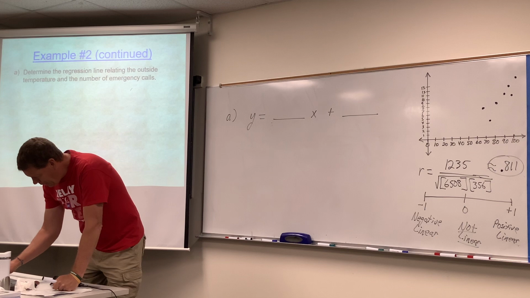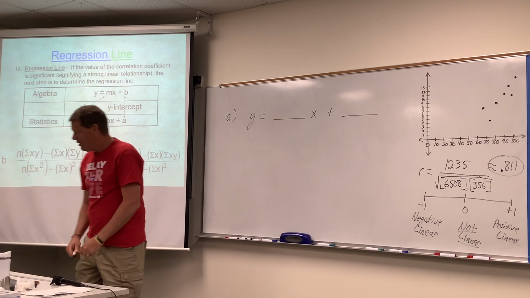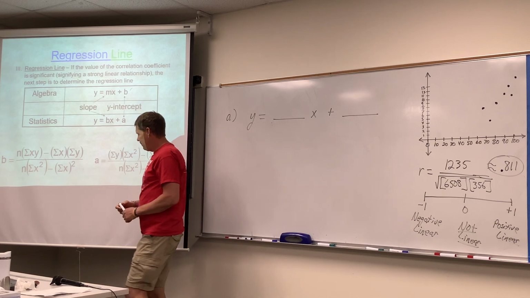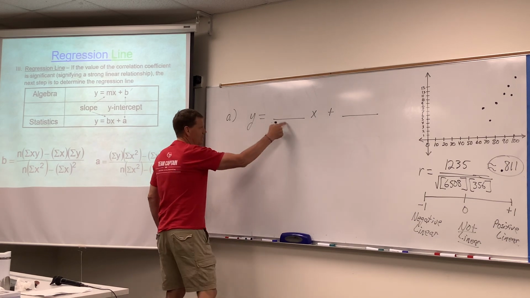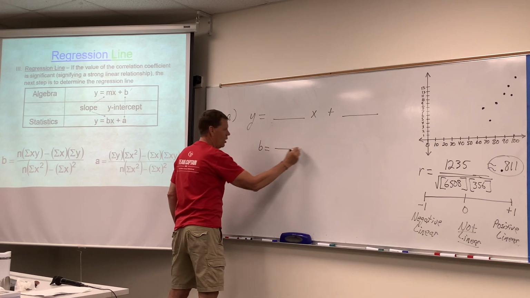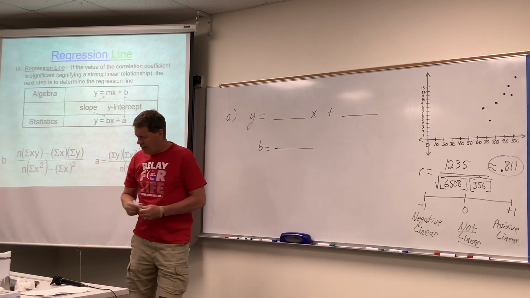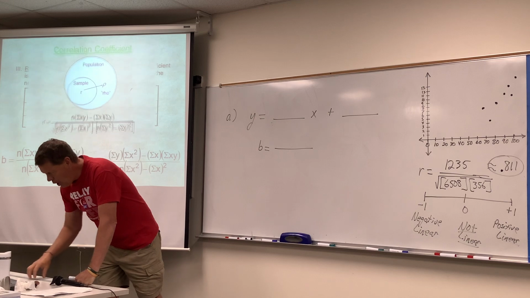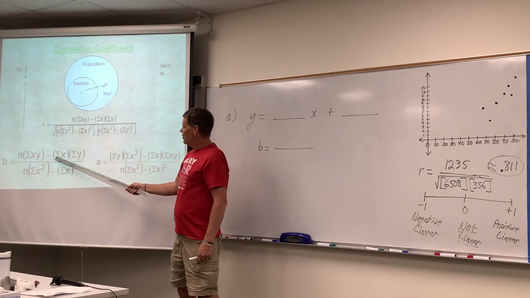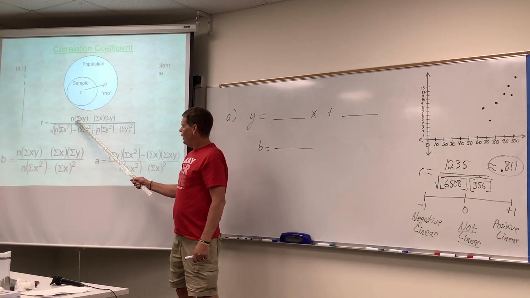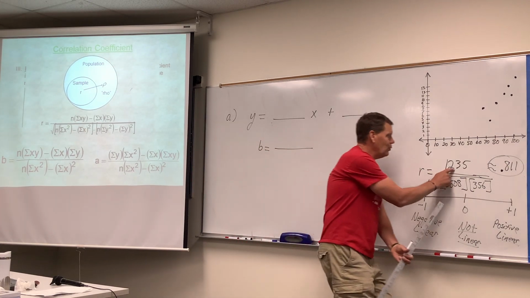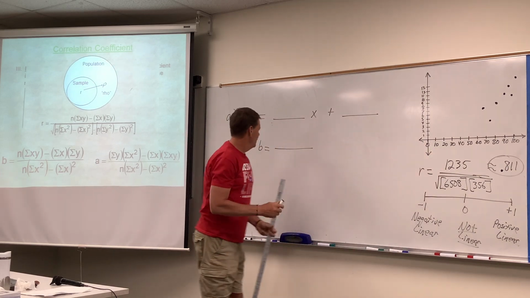So I want to remind you in stats, the slope is called b, and here is its formula. So b in stats goes right here, it's your slope. And as we mentioned on the previous example, woohoo! The numerator of b is the same as the numerator of r, and it sure would be cool if we saved that numerator of r. Yes, we did! 1235. Cool.